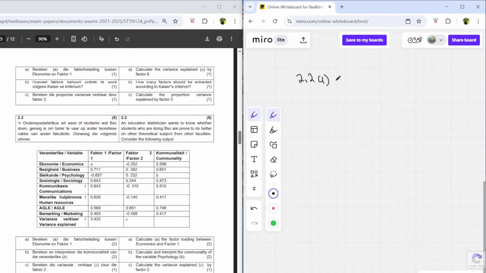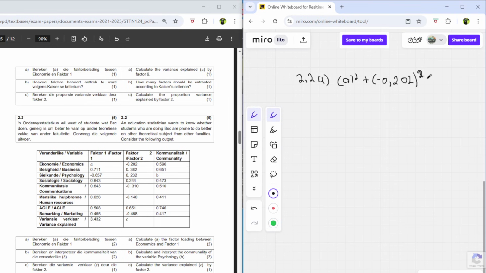In order to use the communality way, we're going to say a in brackets squared. This is like simple algebra from grade 9. So you're going to say a squared plus minus 0.202 squared is equal to 0.956.